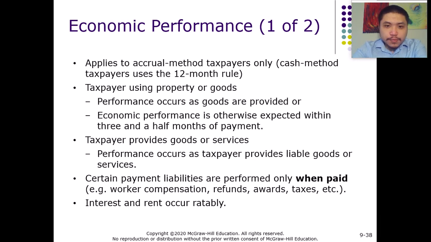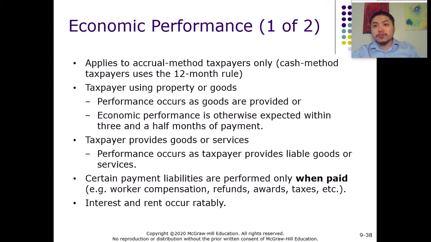So even though the performance has not yet happened on the date of the payment, or on the date of the contract signing, because the economic performance, meaning the service that the other company is going to provide to the taxpayer, is going to happen within the 3.5 months window, the taxpayer can still recognize the expense, right?